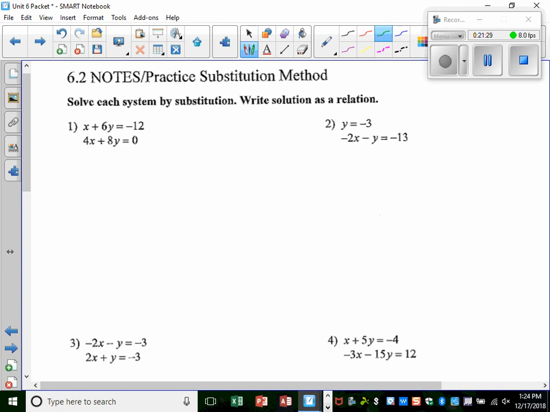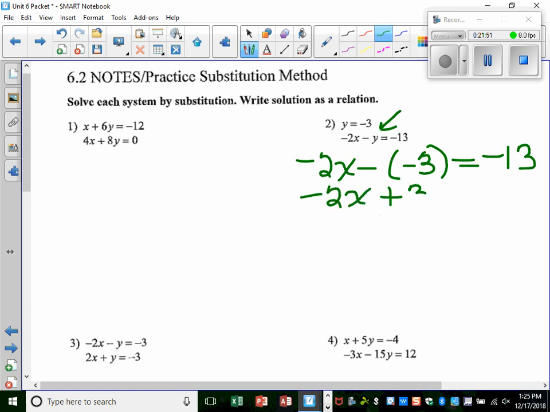So where I see y in the second equation, I'm going to replace it with negative 3. There we go. So this one is pretty easy because you already have the y value, so technically you just need to find x. So really this is the same thing as plus 3. So we'll just go ahead and solve it.